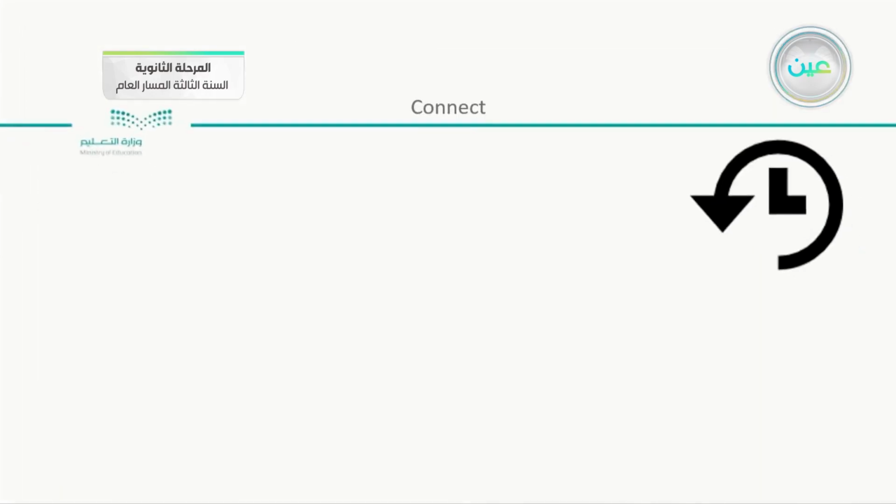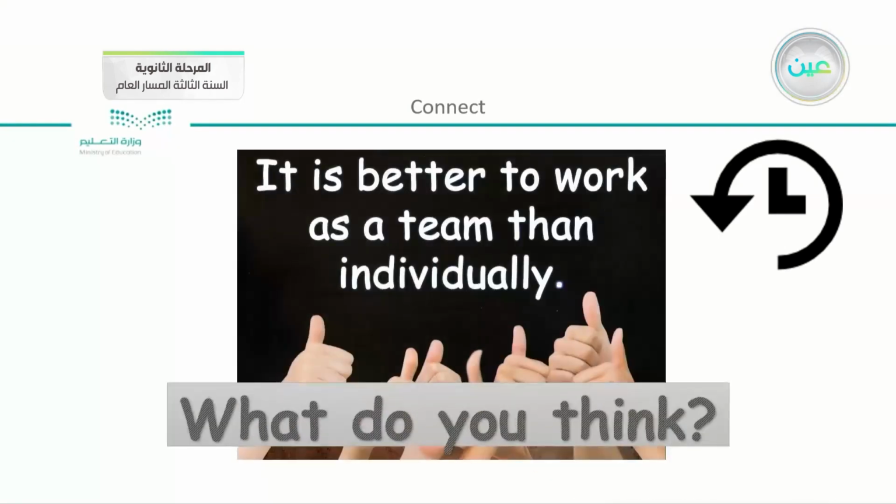Now 2 is better than 1 is our topic. Just to recall, do you remember when I mentioned something in the first part, which is the connect? It is better to work as a team than individually. What do you think?